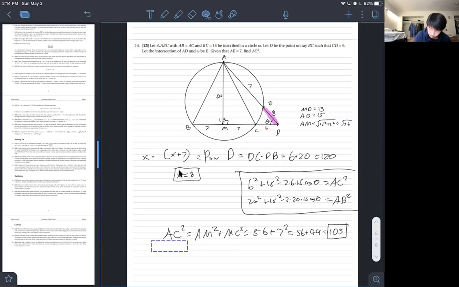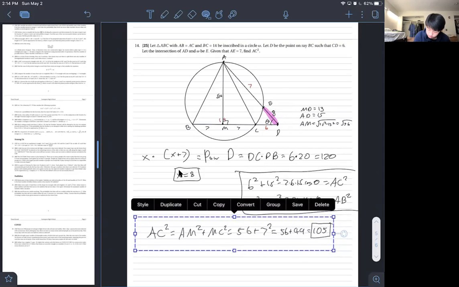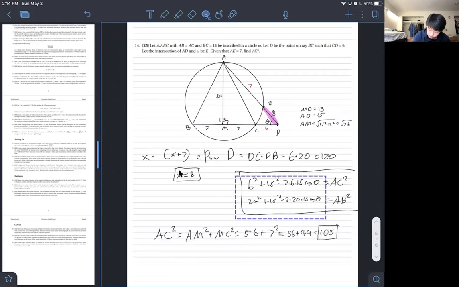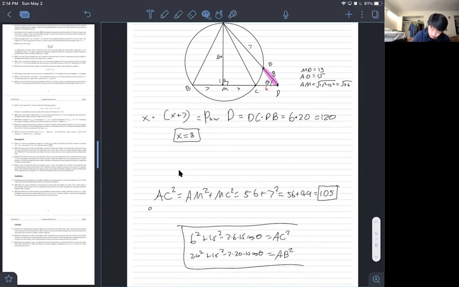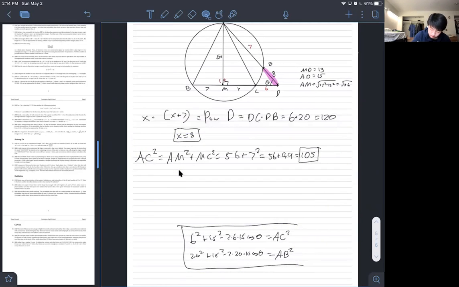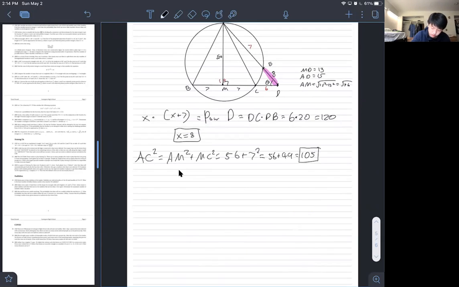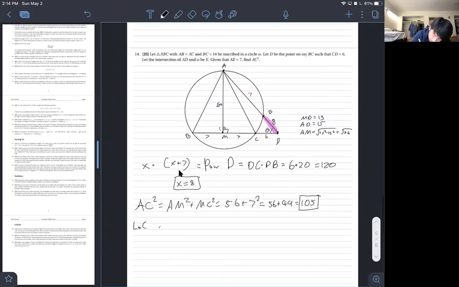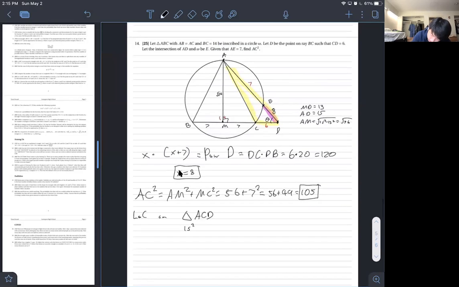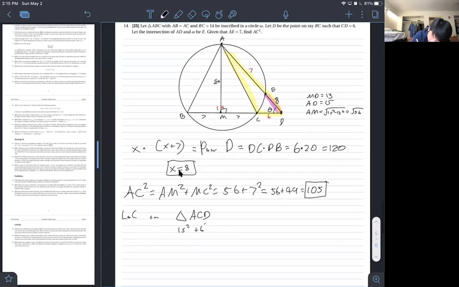I'm actually kind of curious now what the law of cosines solution would give, if it works. Okay, so firstly, law of cosines on triangle ACD. This becomes 15 squared plus 6 squared minus 2 times 6 times 15 cosine theta equals AC squared.